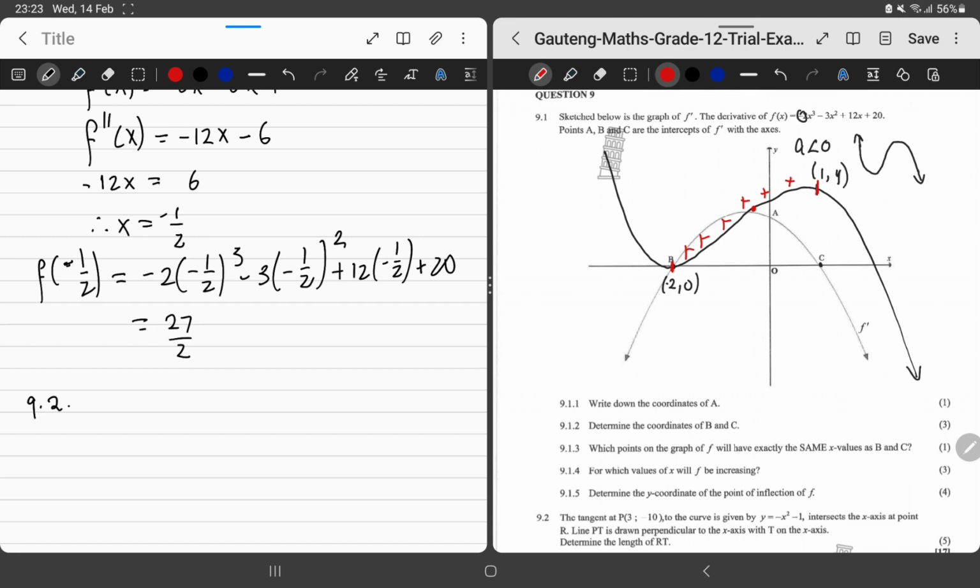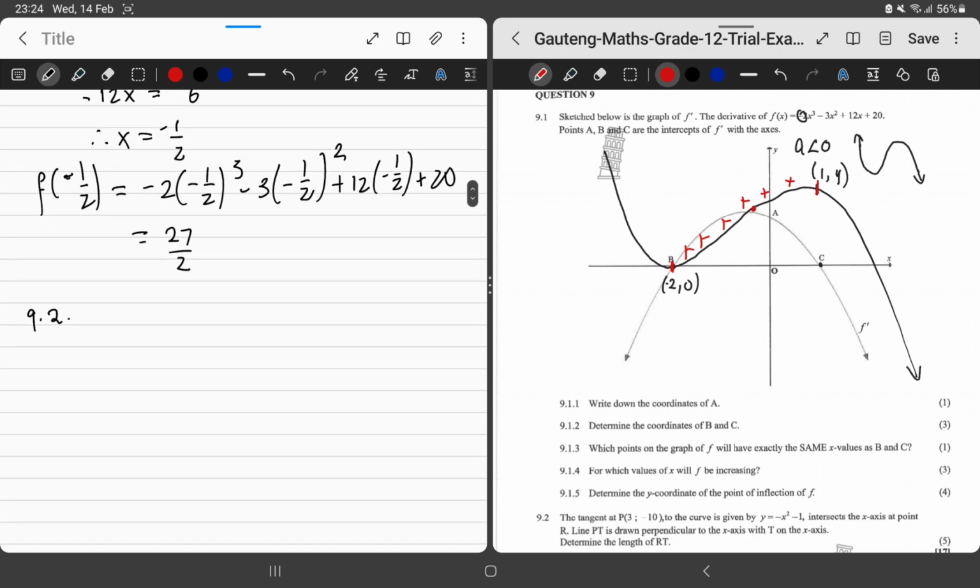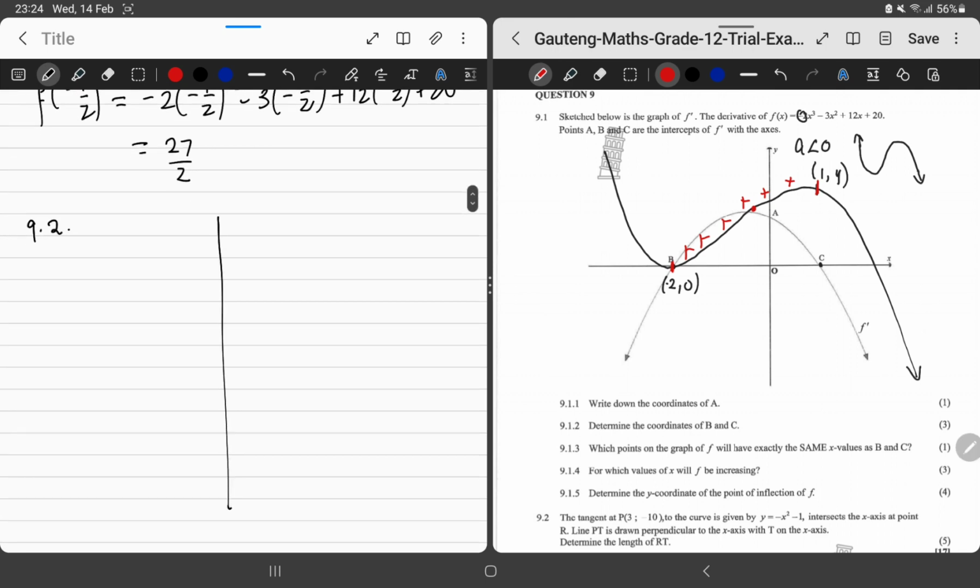9.2. The tangent at P to the curve y = -x^2 - 1 intersects the x-axis at point R. Line PT is drawn perpendicular to the x-axis with T on the x-axis. Determine the length of RT. So this is a different question. It has nothing to do with 9.1. The value of a is less than 0.